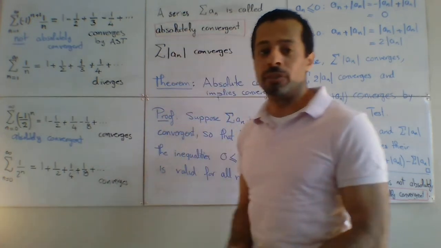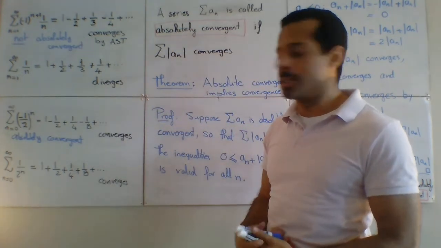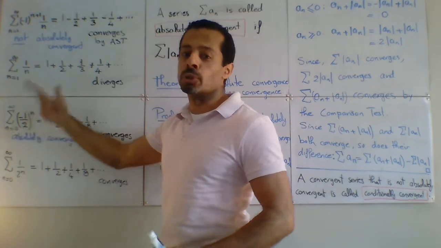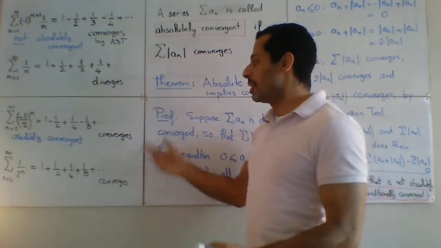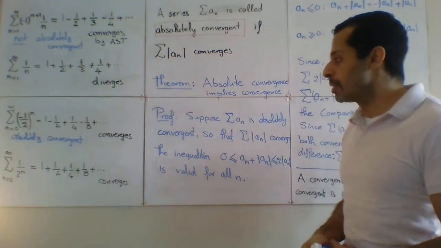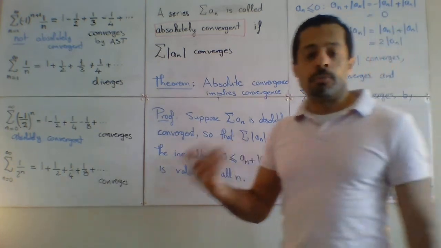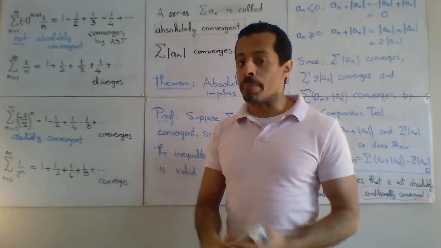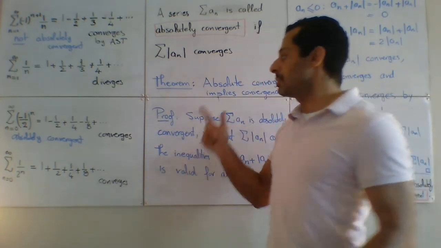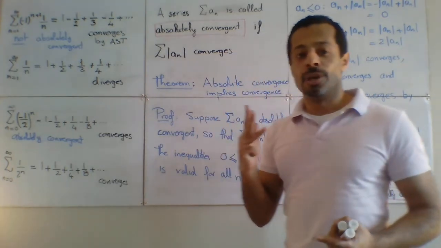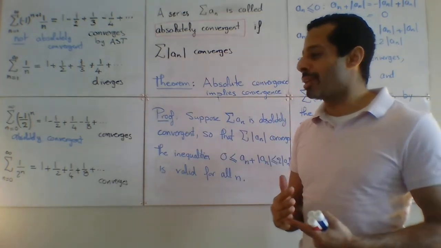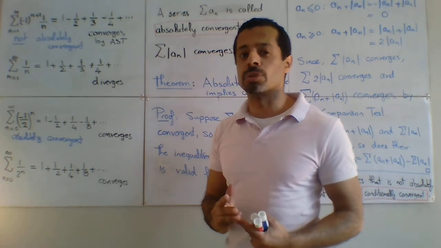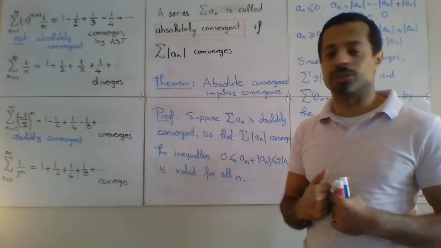No need to invoke the alternating series test, or that it's another geometric series with r in absolute value less than 1. Moreover, the comparison test, the limit comparison test, the integral test, the ratio test, and the root test are all tests for positive series, so they are all tests for absolute convergence.